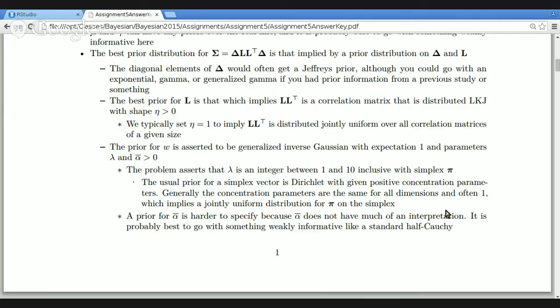That makes the Dirichlet distribution symmetric. But moreover, if all of the concentration parameters are equal to 1, then that implies a joint uniform distribution over the simplex pi. And since you don't have any additional information about the problem, it would be quite reasonable to use a joint uniform distribution over pi.